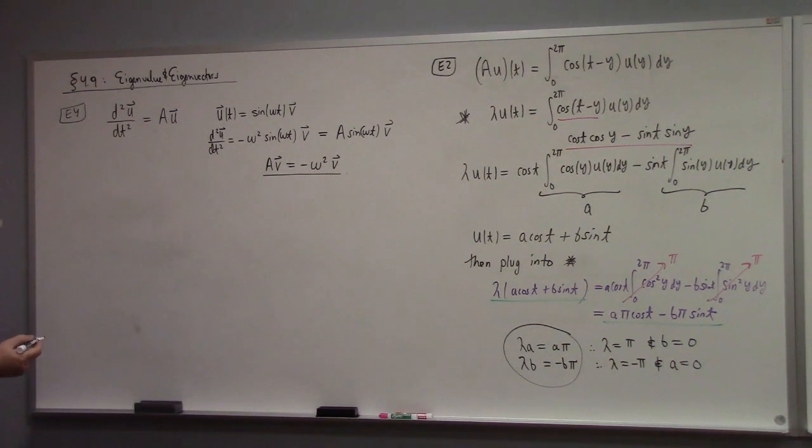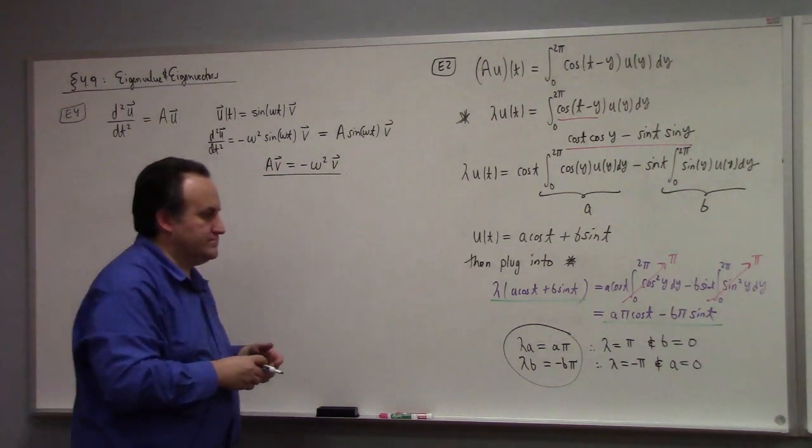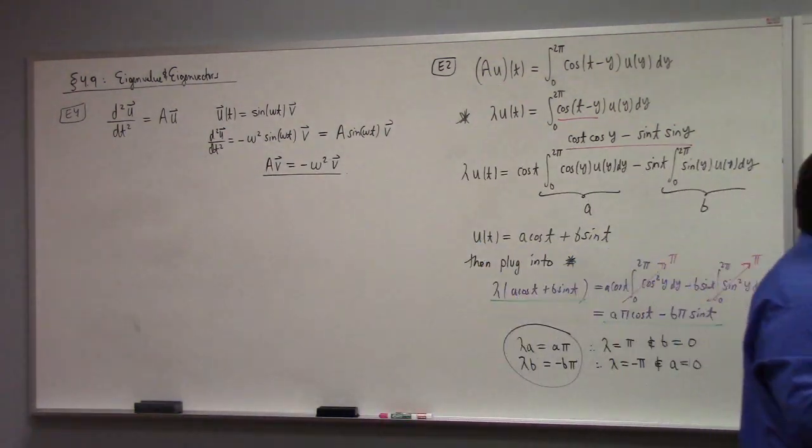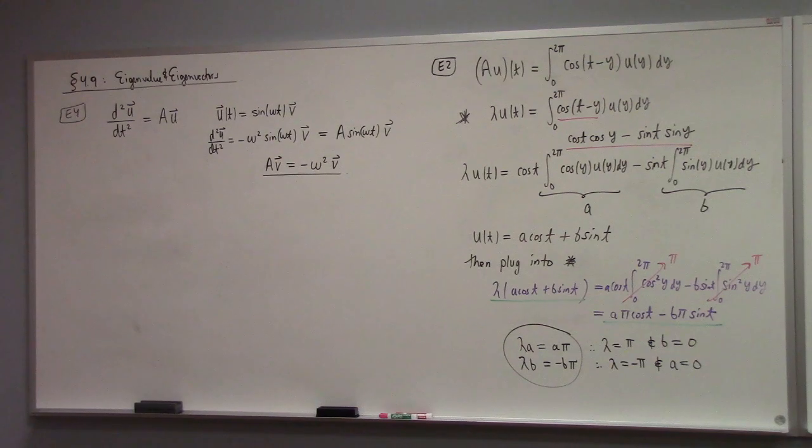So that's an eigenvector of the matrix. He says, well, so minus omega squared is an eigenvalue of A. All right. Theorem.